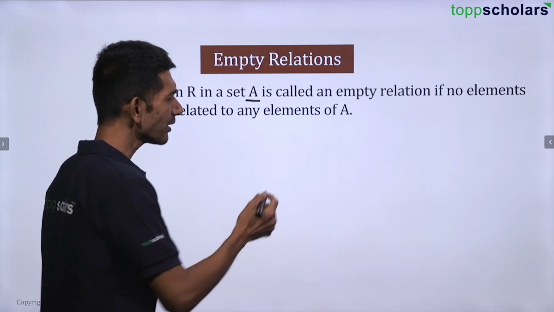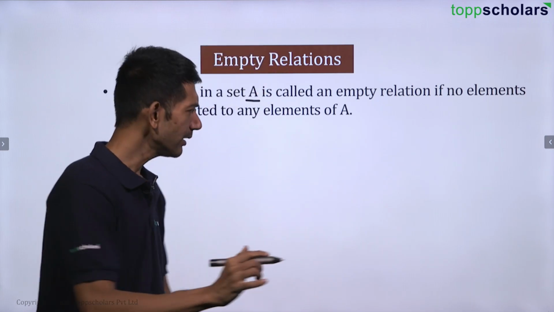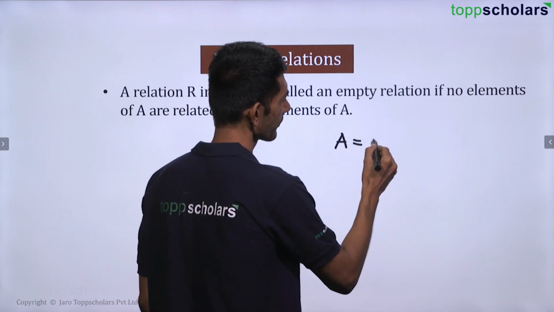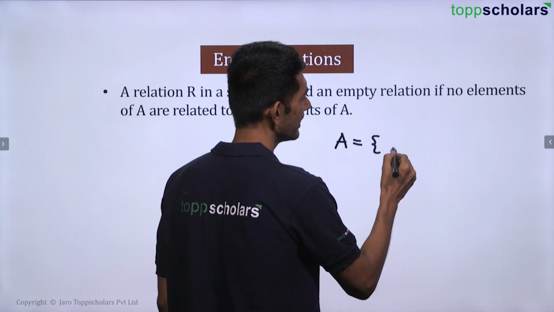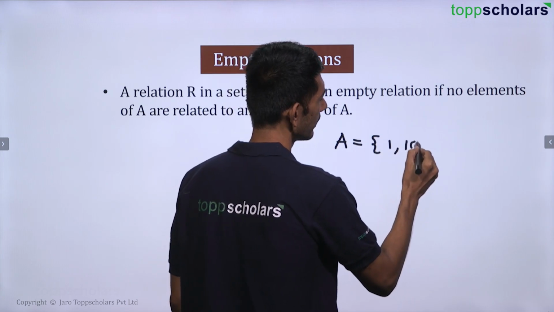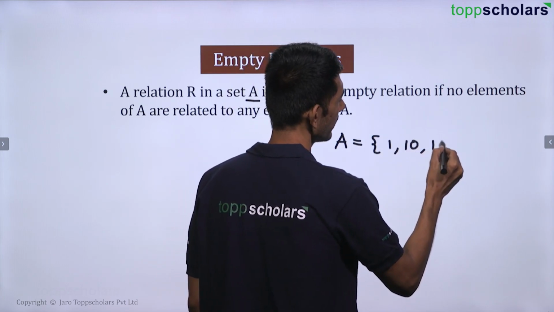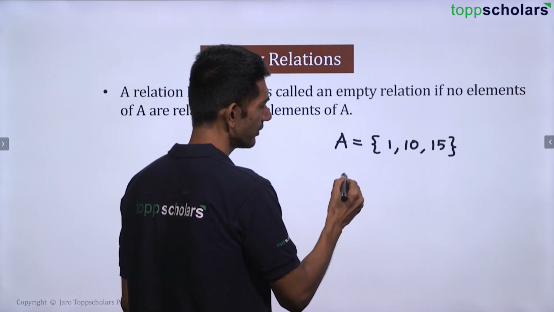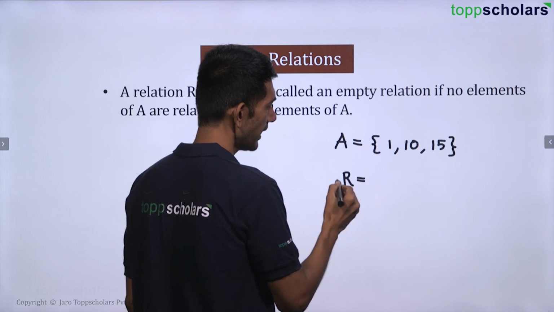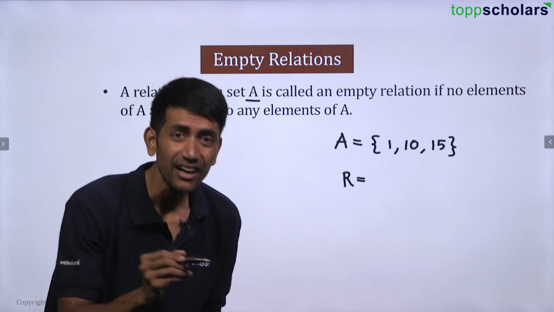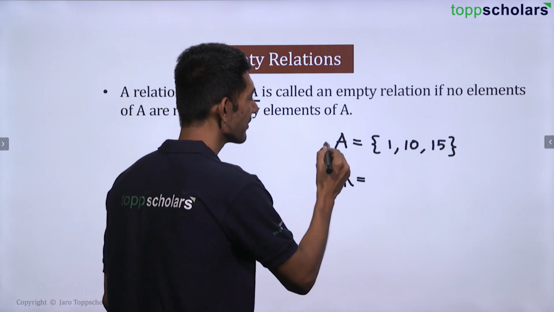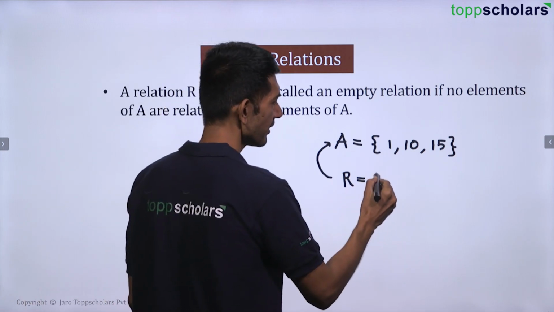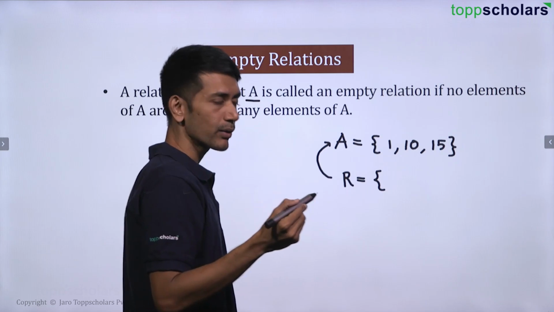Now suppose, I'll give you a simple example. If I have a set A, and then if I have the elements 1, 10, 15, and then if I define a relation, I'm defining a relation R on set A. So R is always an ordered pair, okay?